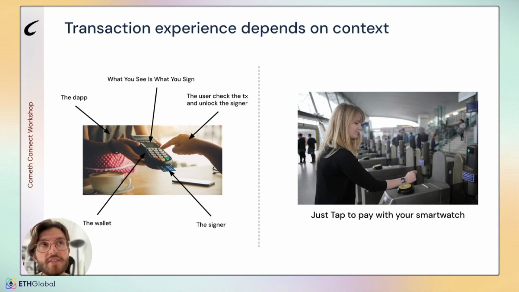Another idea is that for us, transaction experience depends on the context. For example, in the regular finance system, when you're going to do a big payment, you want a system with different steps where you're reassured, because, for example, you have to provide your identity, maybe have a PIN code and do multiple checks before you're really sending the transaction.